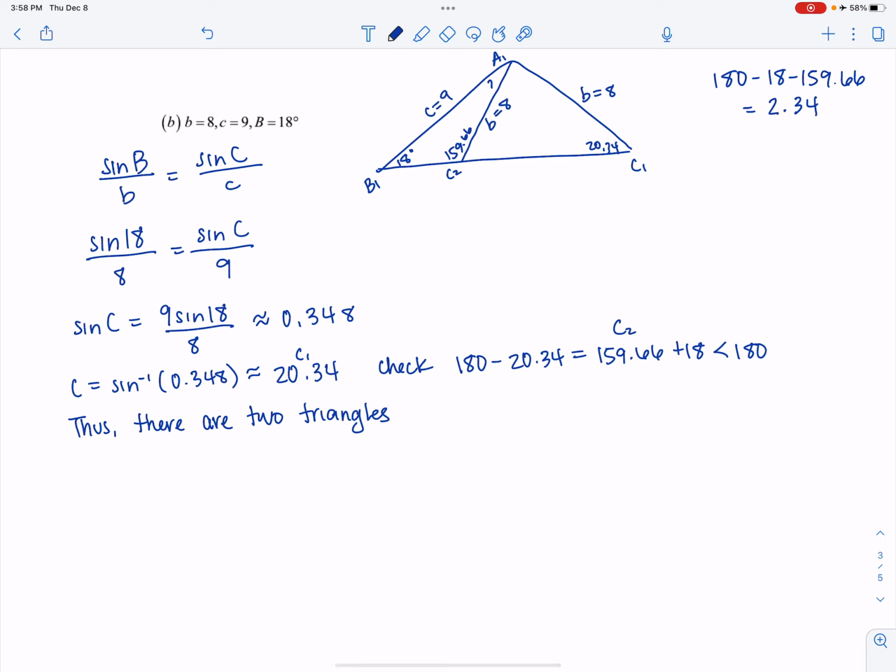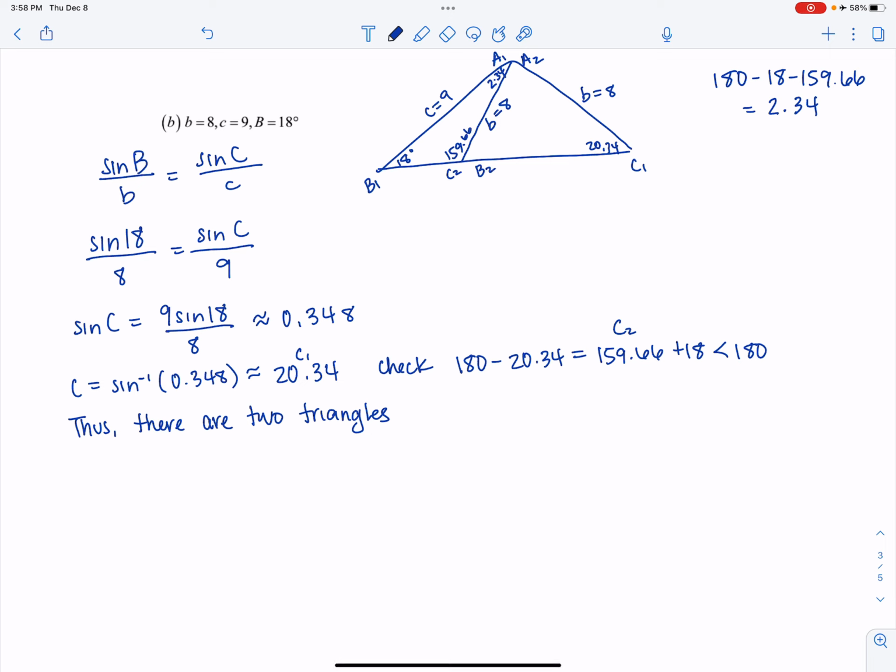So over here we have 2.34, and then on this side we will have our A2 and we'll have our B2 on this side.